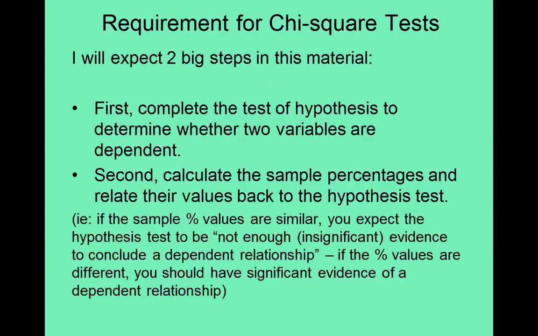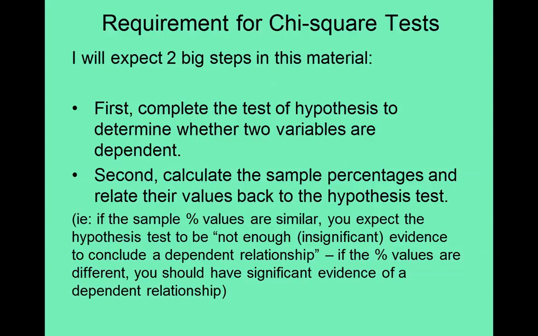By now you should realize I will expect 2 big steps with this material. First, you'll complete the test of hypothesis to determine whether the 2 variables are independent. Second, you'll calculate the sample percentages and relate their values, or how different the percentages are, back to the conclusion of the hypothesis test.